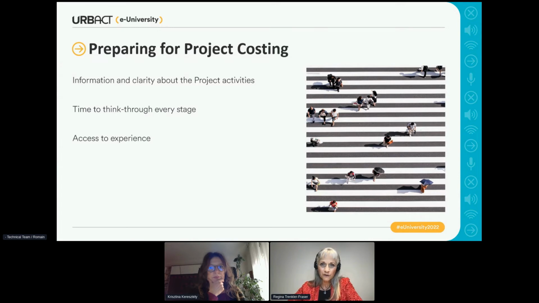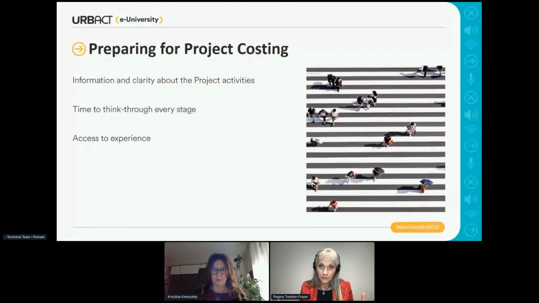And here, first of all, it is important that you do know about your project ideas, what project activities are involved. You must have clarity how many activities you have, how long they take, what your project seeks to achieve as well. Do you want to engage with 20 citizens or with 2,000? Again, this is the size issue, the ballpark figures you really need to know.